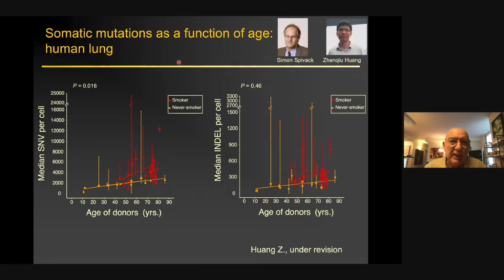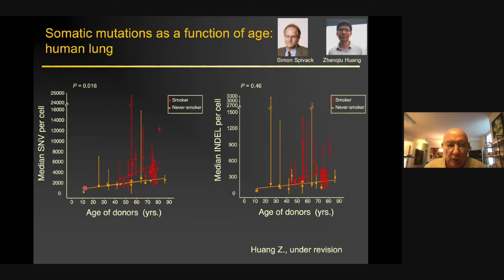Now, if you look at yet another tissue, this is human lung, and we were lucky to have Simon Spivak, a clinician who was able to do bronchoscopy and get us these lung cells from these subjects. And you will see this is a little different than the previous ones. In the previous ones, I showed you the actual single cells. Here is the average of multiple single cells, the median number of mutations per individual.